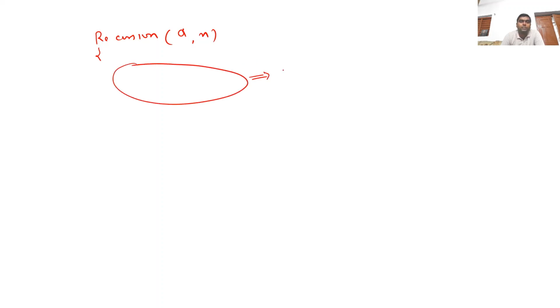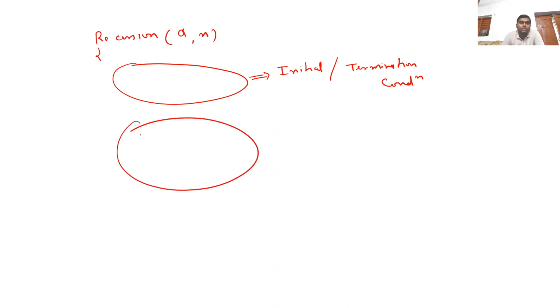The very first thing is called the initial condition, or it is also called the termination condition. And the second step that is involved is called the recursive step, and finally conclusions.